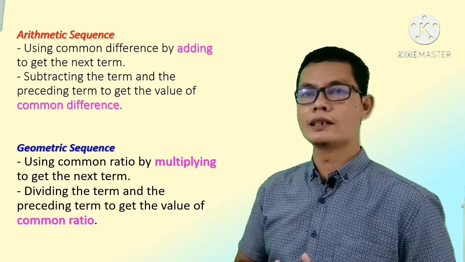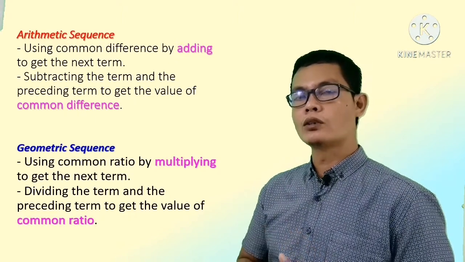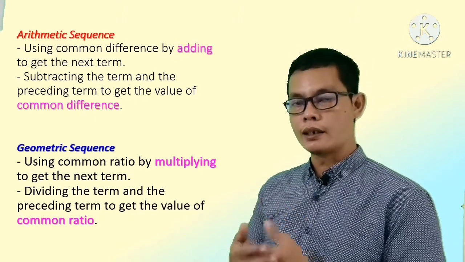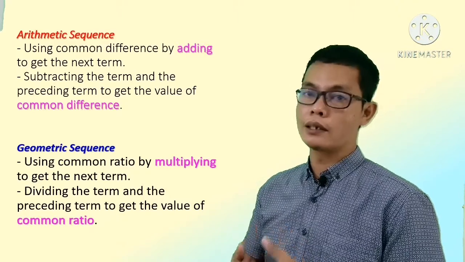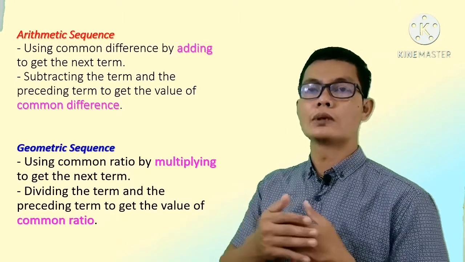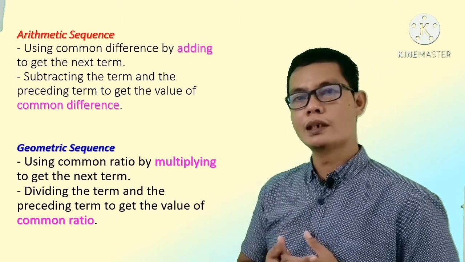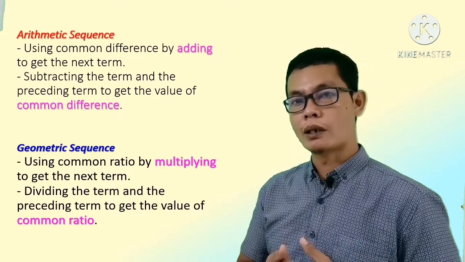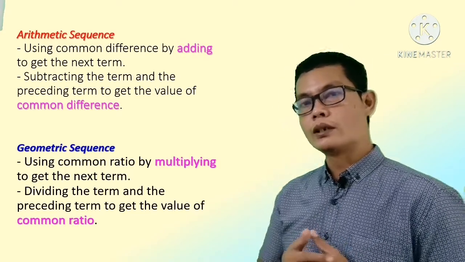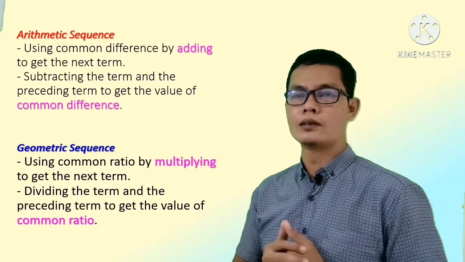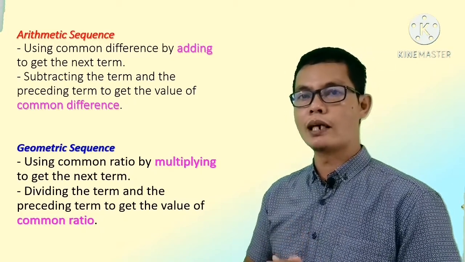Doon naman sa geometric sequence, we are going to divide the second term or the third term by the preceding term. So, ibig sabihin, magkaiba lang sila sa pagkuha ng common difference and common ratio. In this case, dalawa pa lang yung napag-usapan natin na major types of sequence.